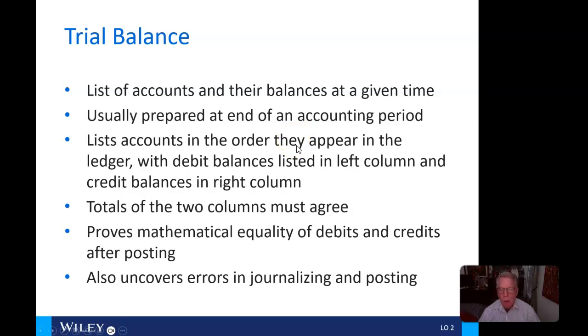Of course, debits and credits must agree in total, and it proves the mathematical equality of those debits and credits after posting. And also, we can use it to uncover any errors that you might have in journalizing. If you had a debit entry, let's say in accounts payable, you would know something was amiss because that would normally have a credit balance.